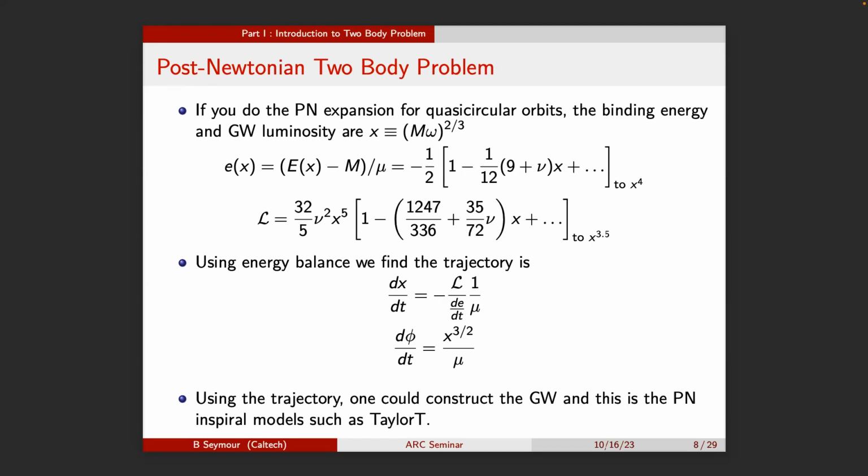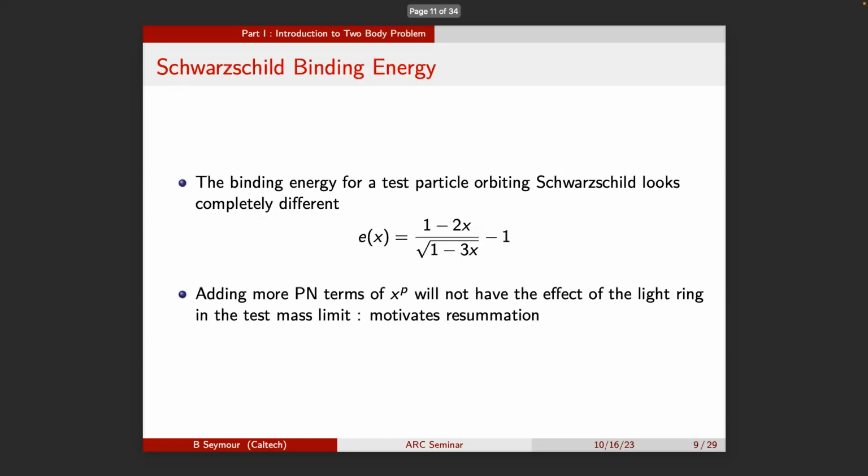The interesting thing is that for Schwarzschild, people actually know what the binding energy looks like, and it looks very different from the PN calculations, because it has a pole at the light ring.